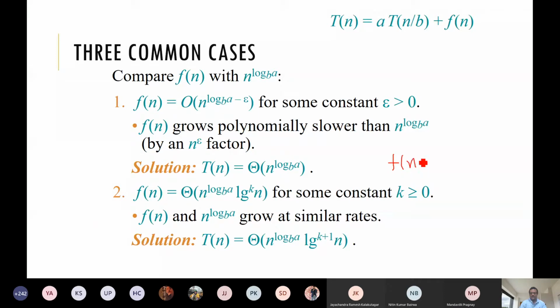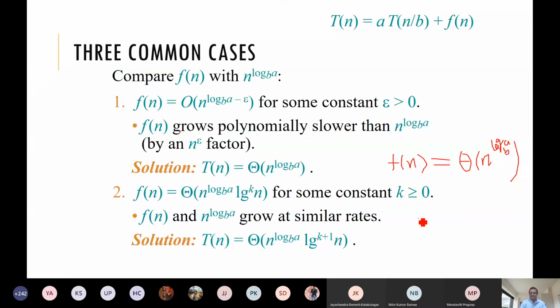If k is 0, then fn will be big theta of n to the power log a base b. Now what is the meaning of this? We know the definition of big theta.